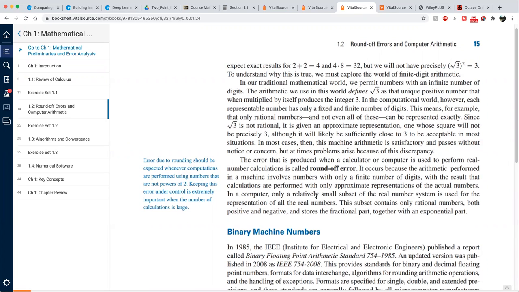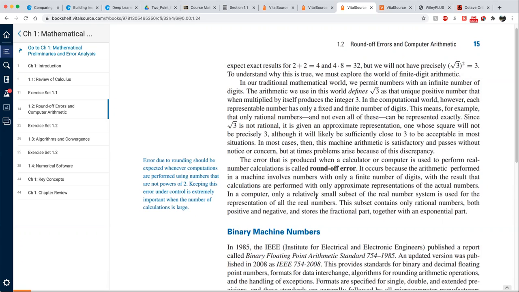But when you compute 1/2 times √2 using a computer or calculator, it converts √2 to a real number with finite digits. So the calculator or computer returns not exactly 1, but something like 1.00000 and then 1, so we get an error.